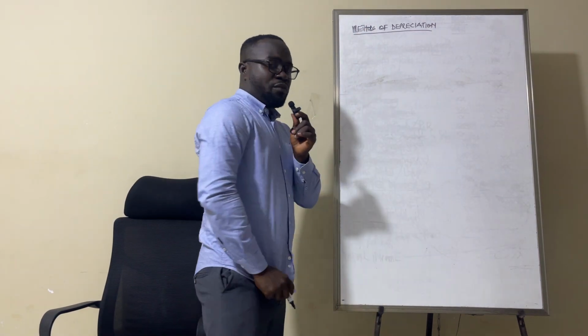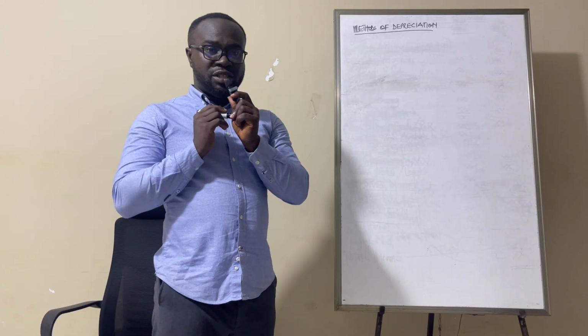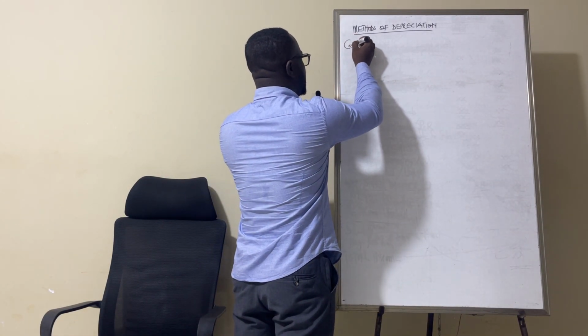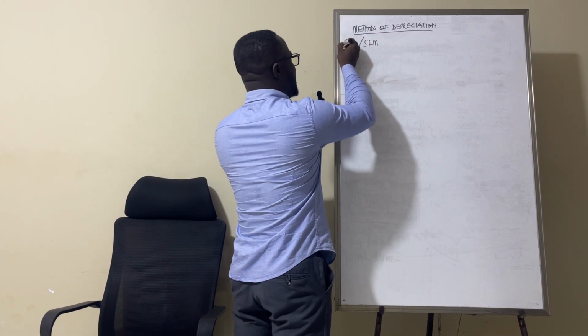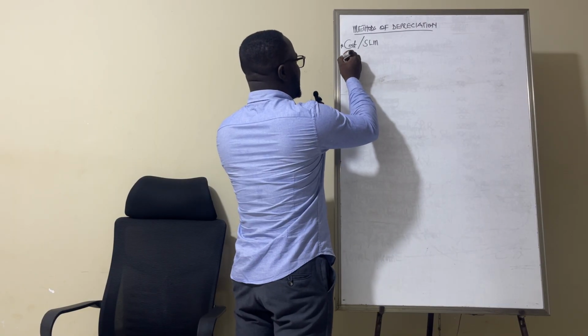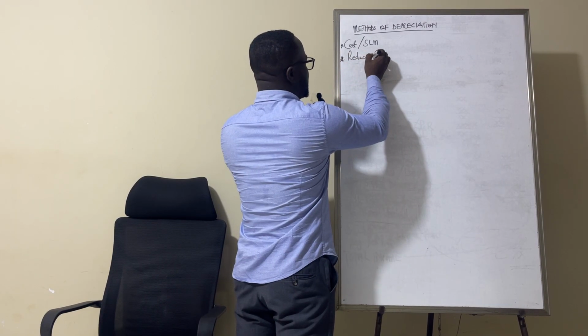For the purpose of our study, we are going to concentrate on the two main methods of depreciation. One is the cost method. In some jurisdictions, they will say straight line method, SLM. And the second one is the reducing balance method.